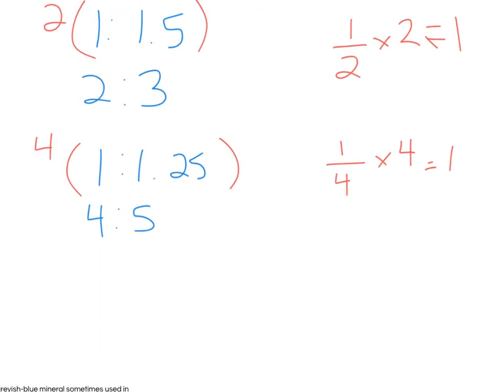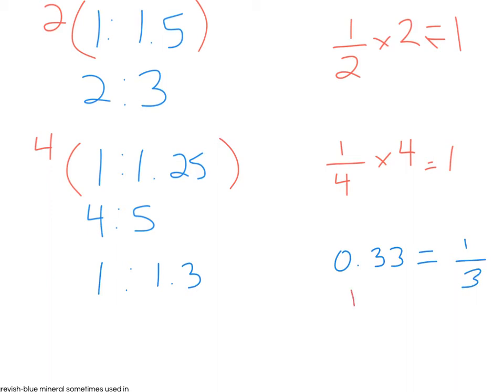Now next, I'm going to give you one more example. So let's say I had 1 to 1.33, something around there. Well, you may remember that if you have 0.33, that is about equal to 1/3, right? Of course, 1/3 will give you a repeating decimal, but it's pretty close.